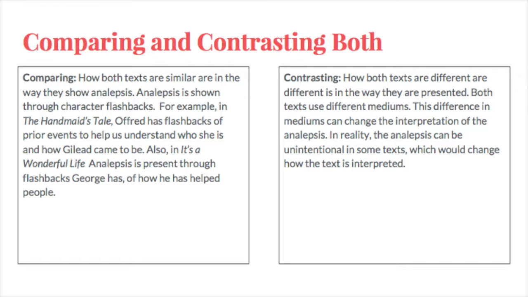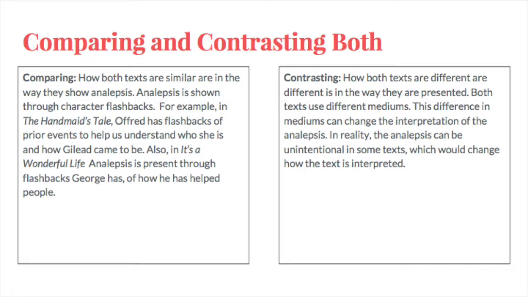Contrasting that, how both texts are different is the way that they're presented. In that I mean that both texts are made with different mediums. So obviously The Handmaid's Tale is a book, which would change the interpretation of that text itself. And this is present in It's a Wonderful Life, where Frank Capra, the creator of that film, was asked if the analepsis was intentional, and he said that it wasn't a narrative device that he specifically chose.